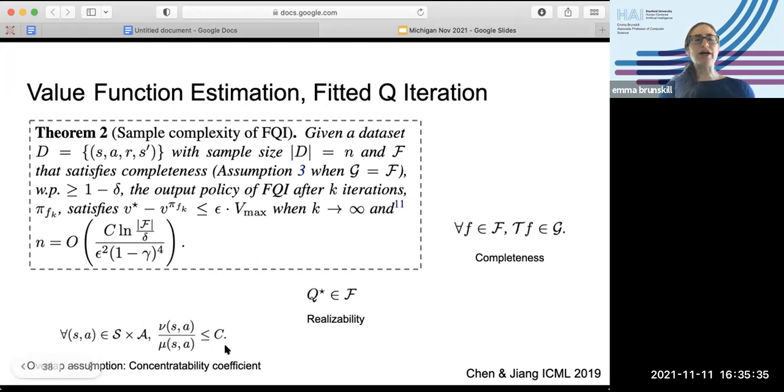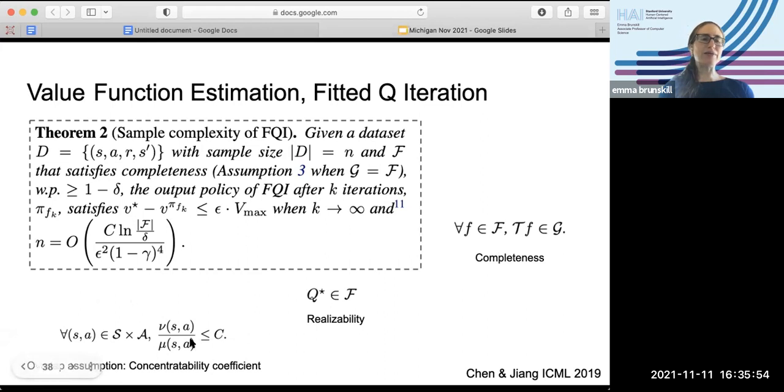And a lot of these have required quite strong assumptions, for example, the fact that we can represent the optimal Q function in the class, things like that. When we do Bellman backups, here T is a Bellman backup, our dynamic programming backup, we stay within a function class that we're looking at.